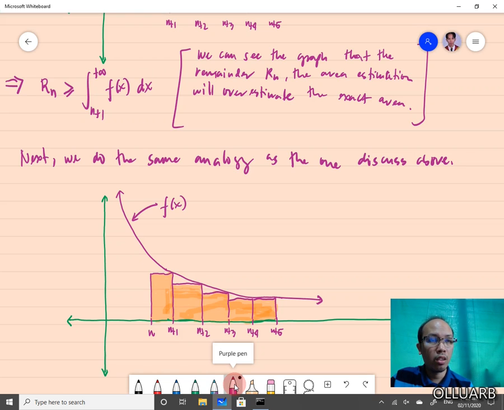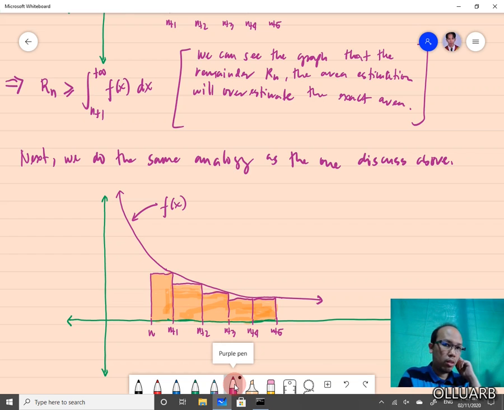Instead, in the previous graph the area was overestimated, but here the area is underestimated. So do the same, copy this one, but your conclusion must be the opposite of this inequality here.